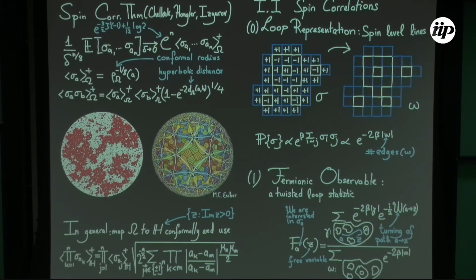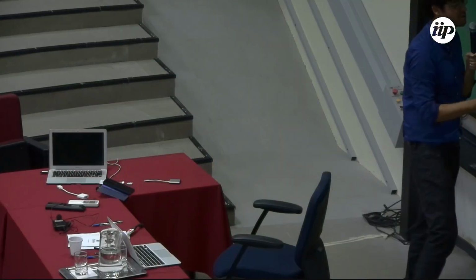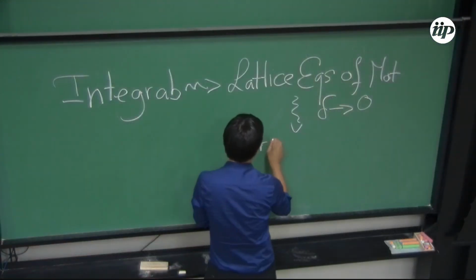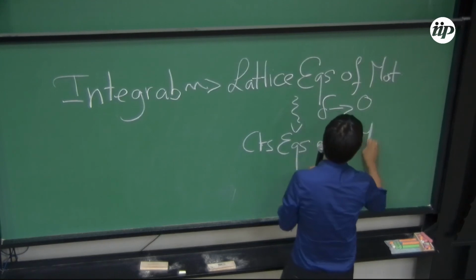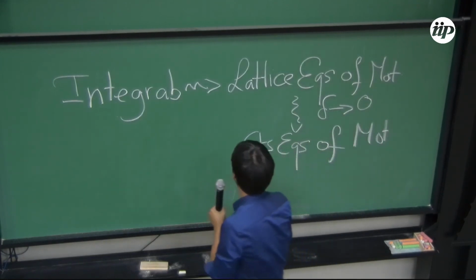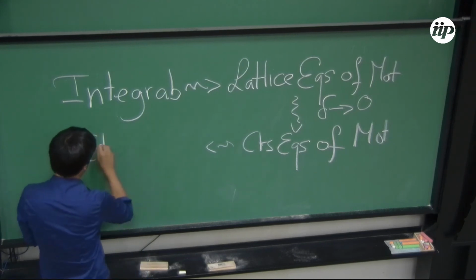So, lattice versions of partial differential equations satisfied by correlation functions. Then you may hope that in the limit, these equations of motion converge to continuous equations of motion. And then maybe you will get continuous correlations.